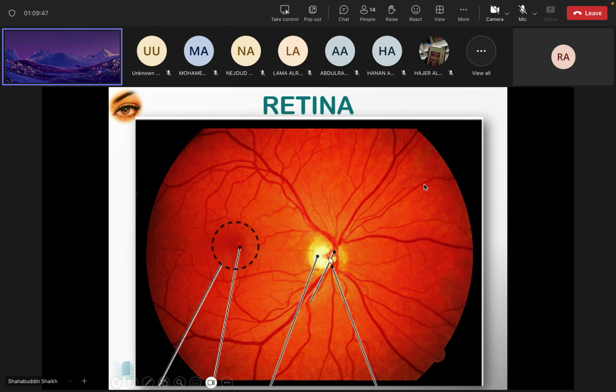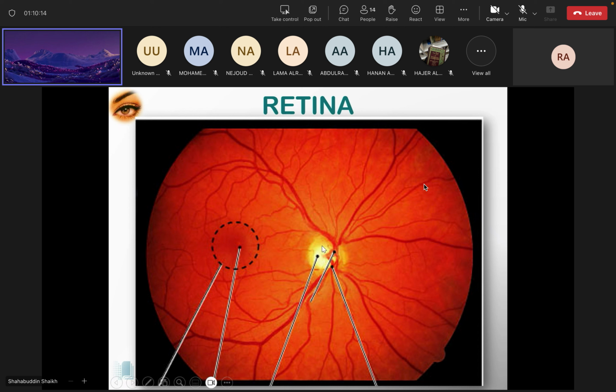Please remember this. Second clinical importance: whenever the pressure inside the eye increases, it will compress the blood vessels and nerve here. That will cause blindness. This is what happens in glaucoma.